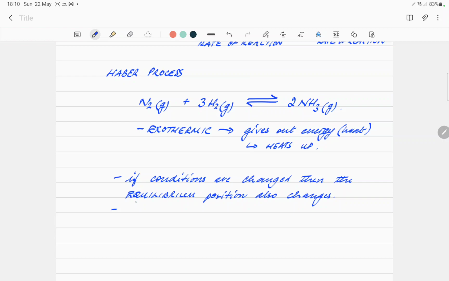This means the amounts of reactants and products present will change.